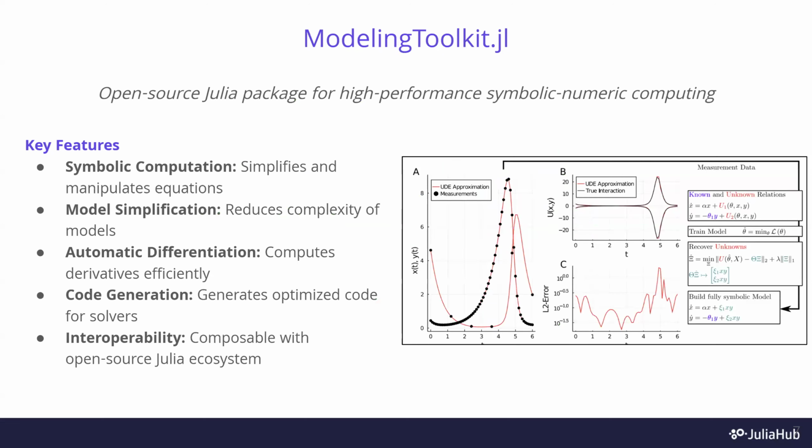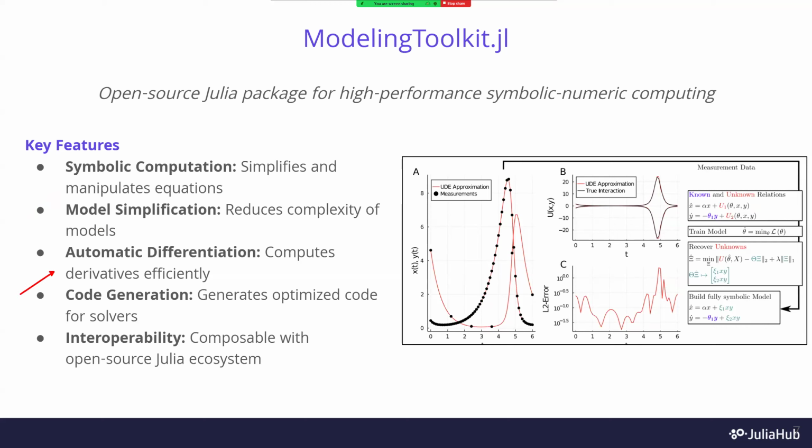ModelingToolkit.jl is an open source Julia package designed for numeric symbolic computing. It provides symbolic computation, meaning we can represent our models using symbols as opposed to simply variables and numbers. We'll see that once we get to the hands-on. There's model simplification, meaning ModelingToolkit simplifies the models and equations that we hand it so that it solves the systems more efficiently.